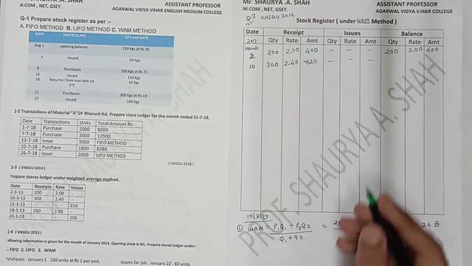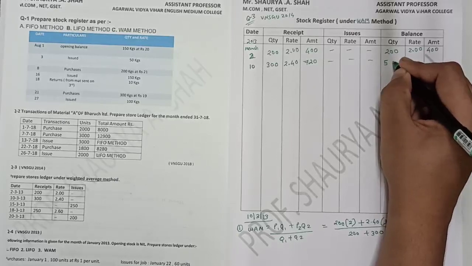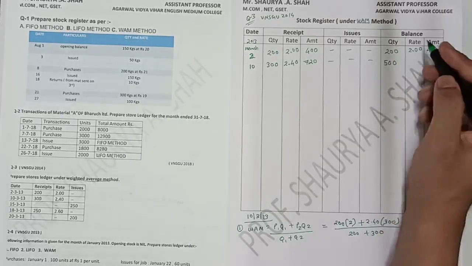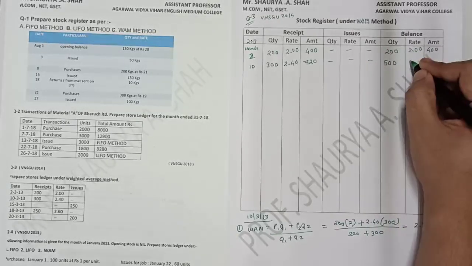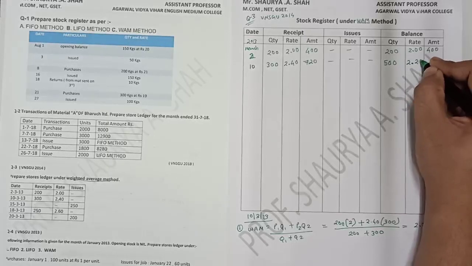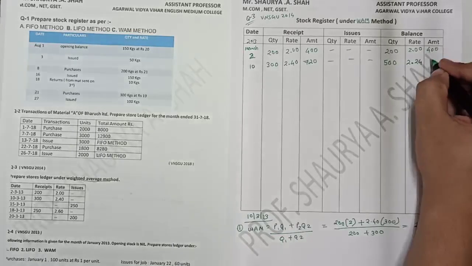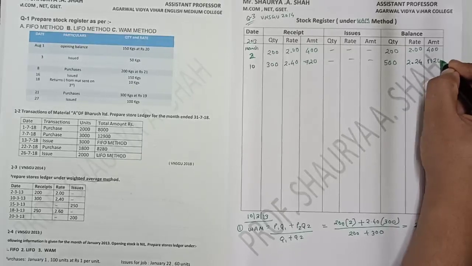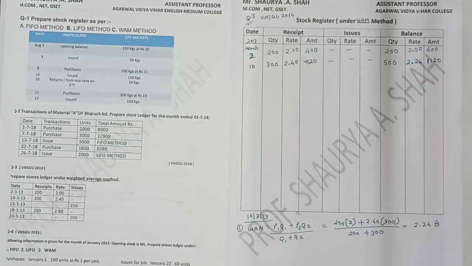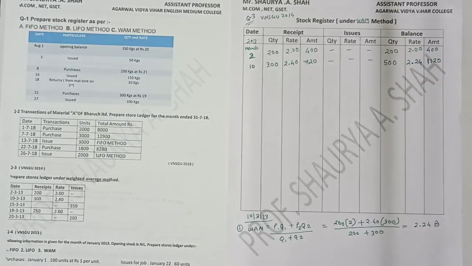In weighted average method we directly write down the added up quantity. So 200 plus 300 is now 500, then the rate which I found out, that is 2.24. So 500 into 2.24 gives me the value of 1120, right?